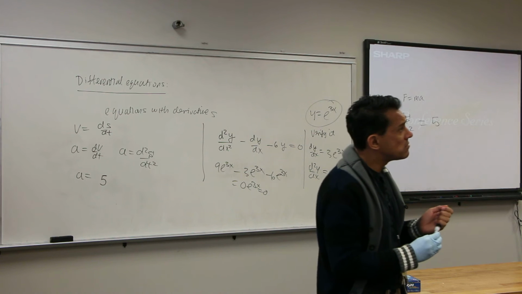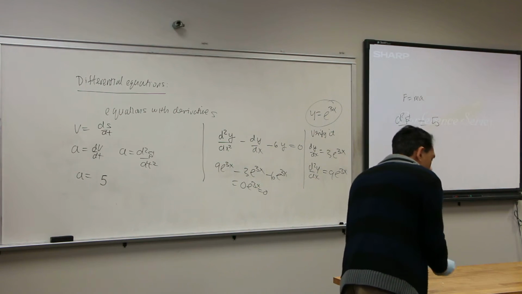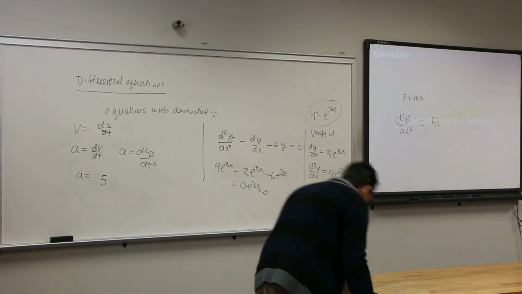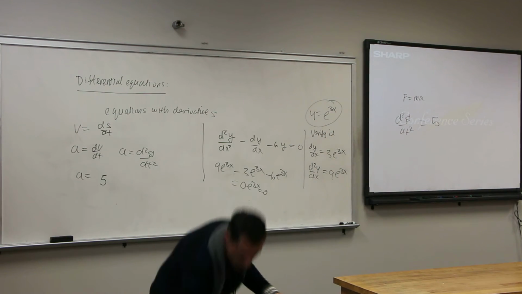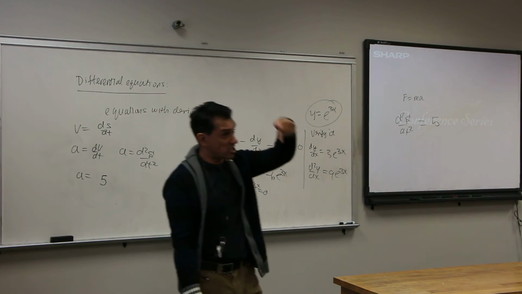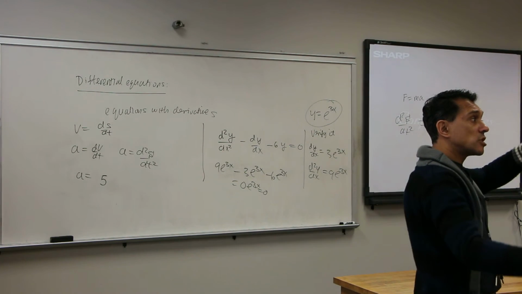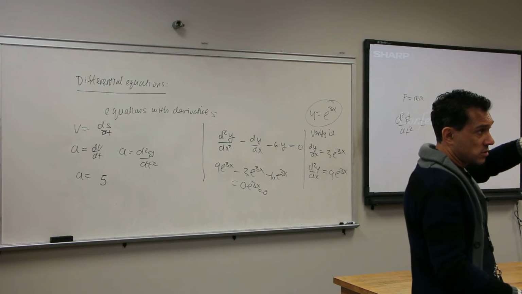And I want to know where it is. So I have to integrate the second derivative to obtain the velocity, and integrate the velocity to obtain the position.